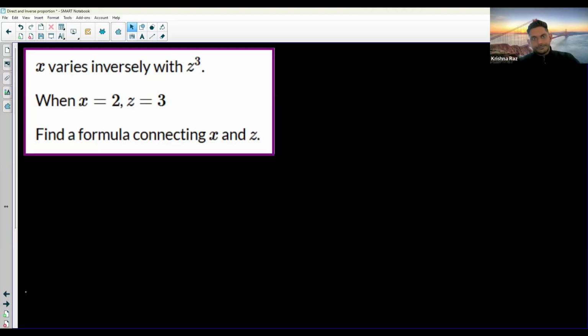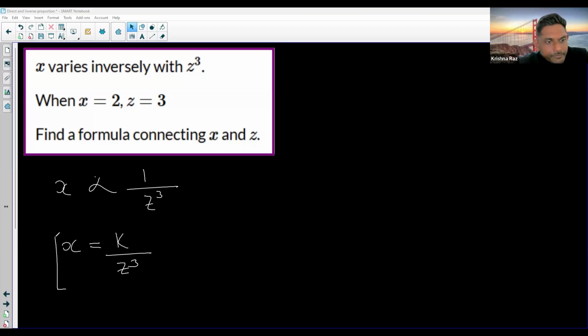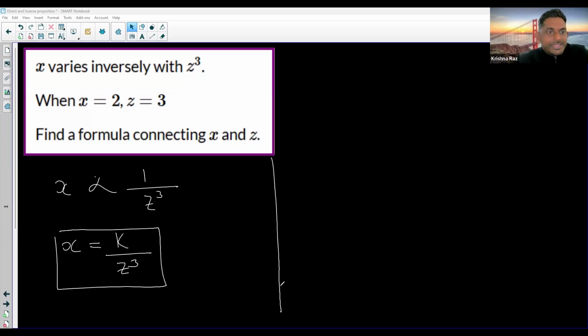Pause the video, give it a go. Welcome back. So this time we have x varies inversely. So x fish 1 over z cubed this time. So let's write an equation. Let's get rid of the fish with an equals and a k. So we've got that. Now let's find k.